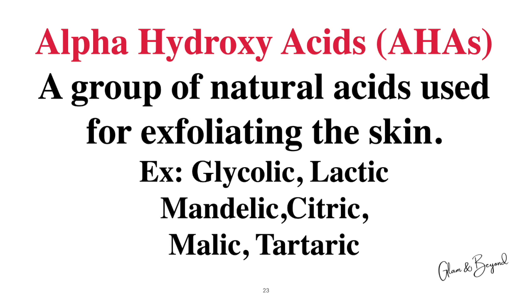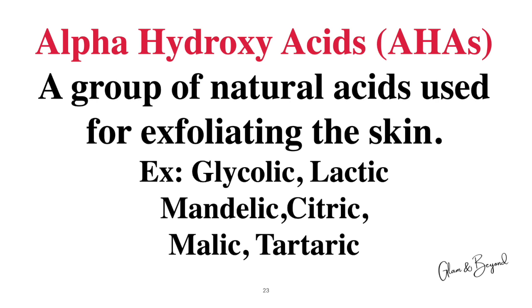Listen, I know when you're first starting out in esthetician school, you hear about AHAs, BHAs, and you're like, okay, wait a minute, what does that even mean? AHAs, alpha hydroxy acids, are a group of natural acids used for exfoliating the skin. Some examples of AHAs would be glycolic, lactic, mandelic, citric, malic, tartaric.